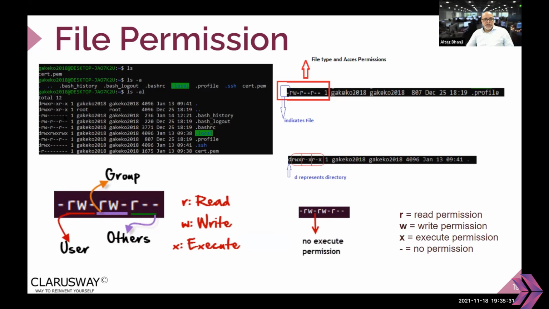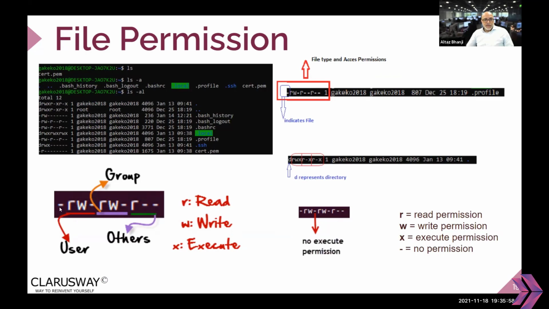So it's split up into 3 groups of 3 + 1. The 3 groups of 3 are the permissions for the, sorry, let me start from this side. Permissions for the owner, permissions for the group, and then permissions for everybody else. For each of those entities there are 3 options: read, write, execute.